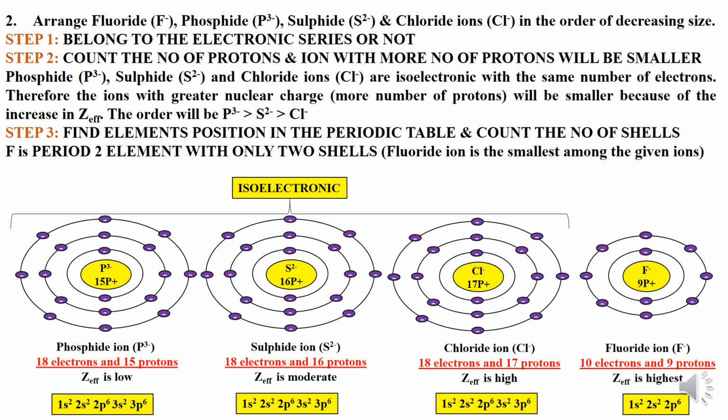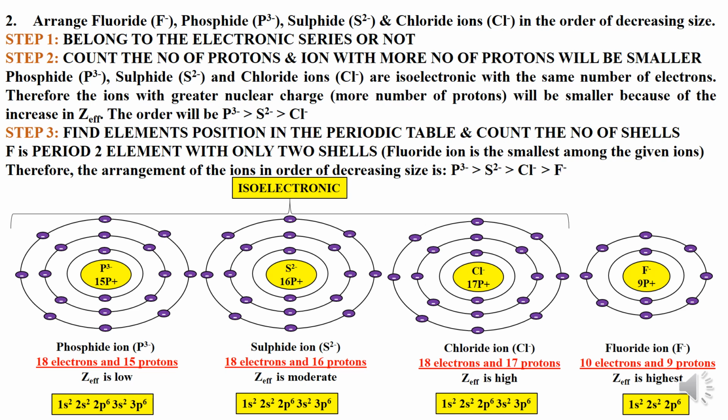So the ion with less number of shells will be smaller. Therefore fluoride ion is the smallest among the given ions. And therefore the arrangement of ions in the order of decreasing size will be: phosphide will be the biggest ion and fluoride ion will be the smallest among these ions.